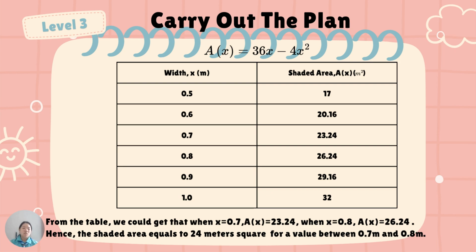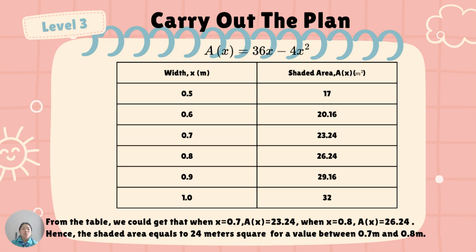So the third step is carrying out the plan. Based on the formula that I have found, I have formed a table where the value of x is between 0.5 and 1.0. After substituting the value of x into the formula, I will get the shaded area.